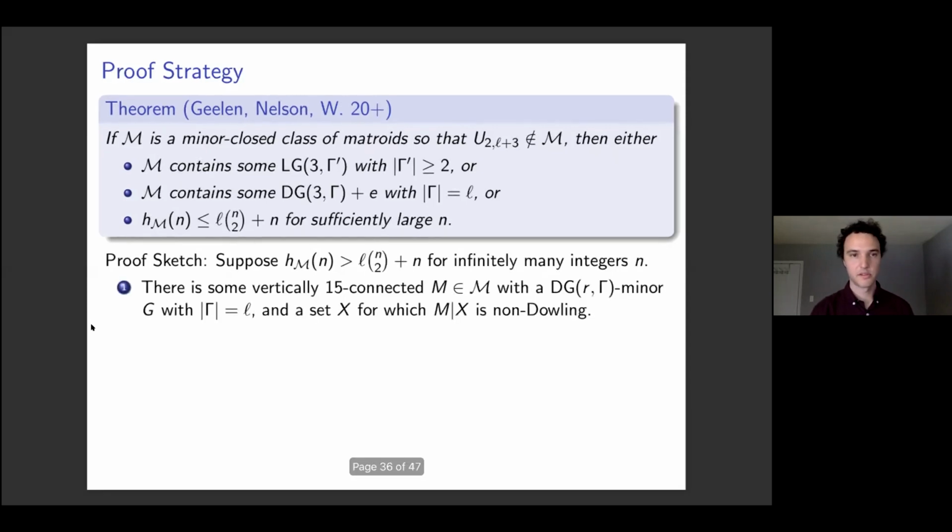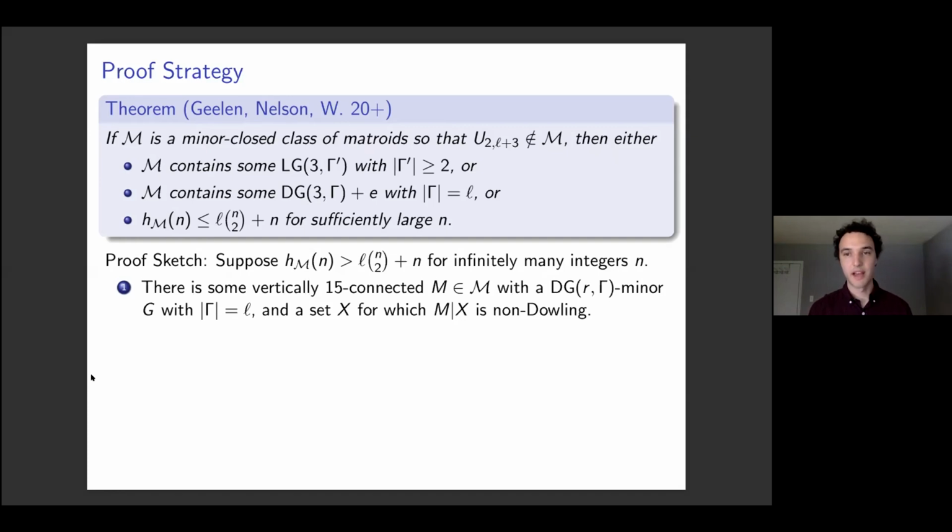Okay, so here's the first step. We show that there is some vertically 15 connected matroid M in the class, which has rank R for some large integer R, has a Dowling geometry minor over a group of size L, and has some restriction which is non-Dowling.